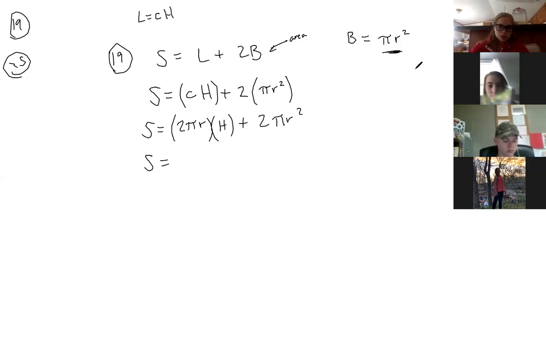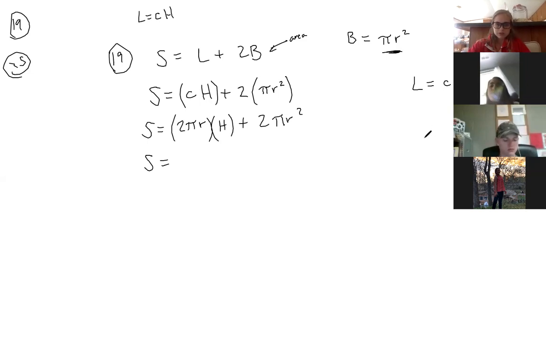If you want to, you can separately find the lateral surface area and then plug that number into your formula. And then you can separately find the area of the base, plug that number into B. That's fine too. All I'm doing here is I'm just going to plug in the formulas I would be using over here. And I'm just doing it all in one big formula.